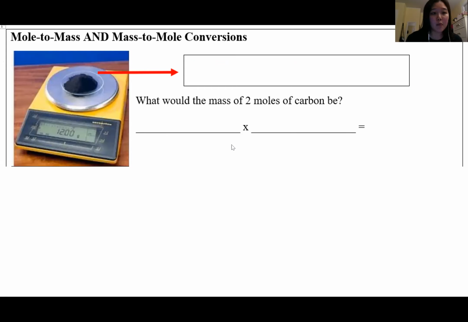So when it comes to mole to mass or mass to mole conversions, we're just trying to convert grams of a substance to moles or moles of a substance to grams, right? So my first example here, we see there's 12 grams of carbon, and we know that is 1 mole of carbon.